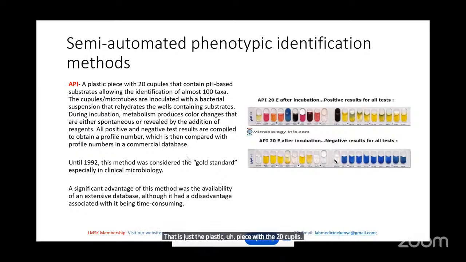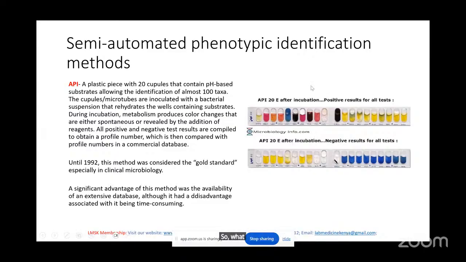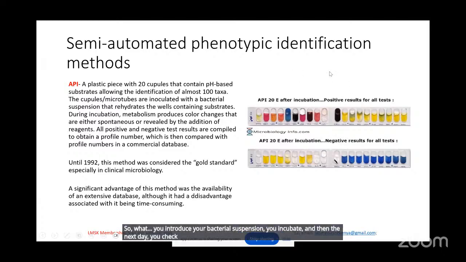Those cupels have your substrates. You can't see them properly, but ONPG, ADH, those are basically the substrates that have been impregnated in these cupels. So you introduce your bacterial suspension, you incubate, and then the next day you check for color change.